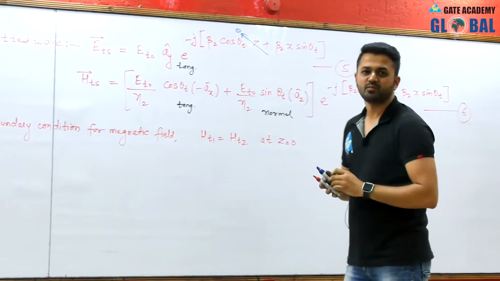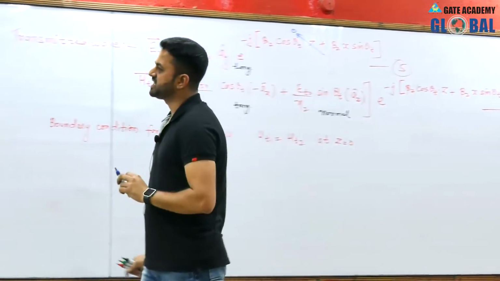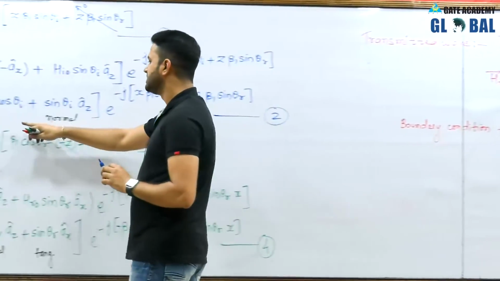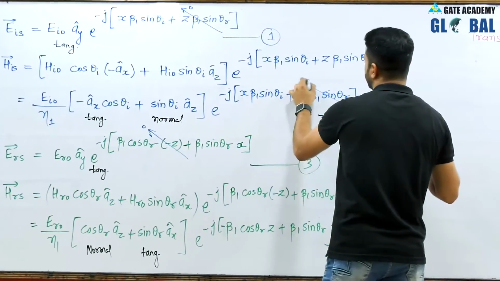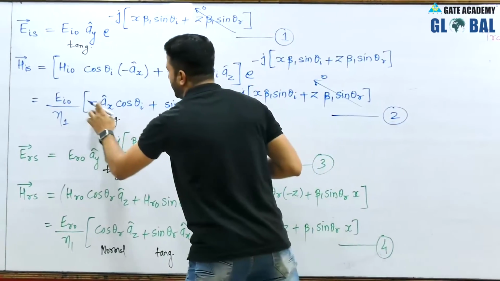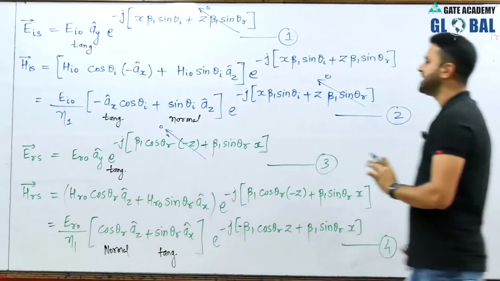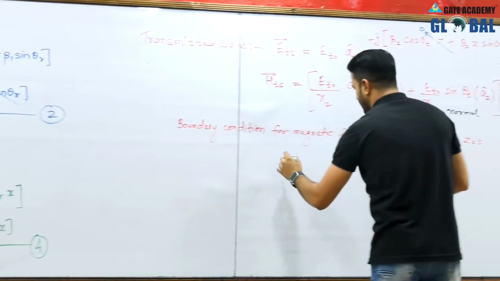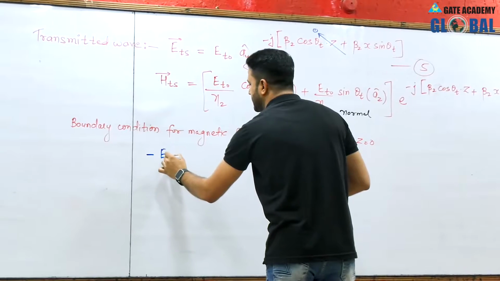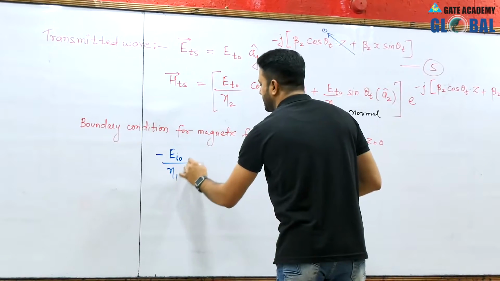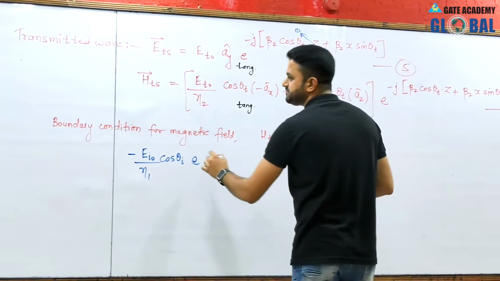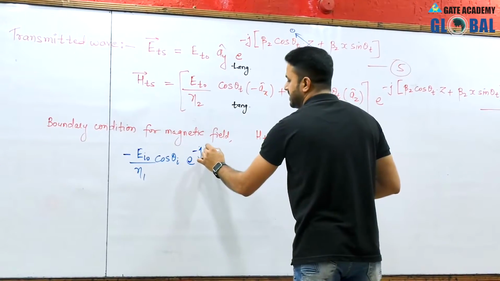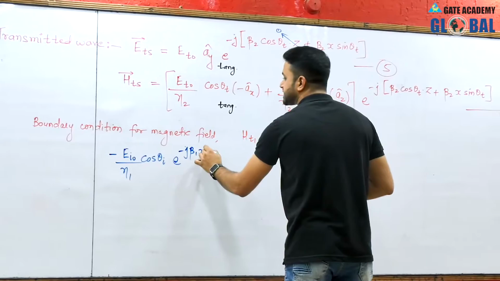So the tangential component of magnetic field. The magnetic field equation we are having. So this is the tangential component, and at z equal to 0 this term will be 0. So we are having a minus sign, EI0 divided by eta 1 cos theta I e to the power minus j beta 1 x sin theta I.